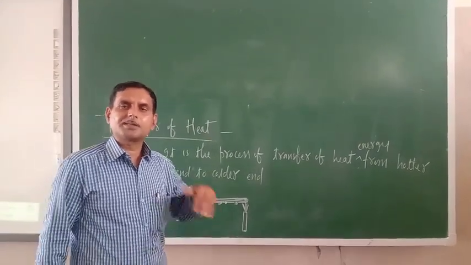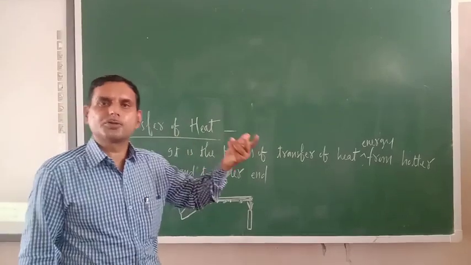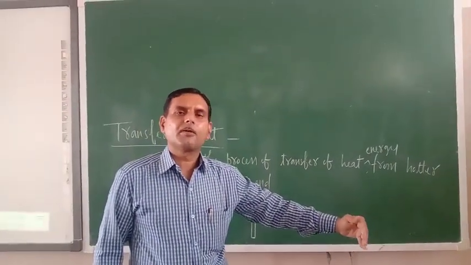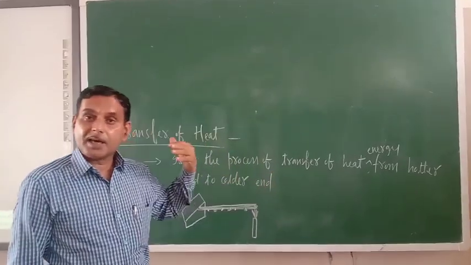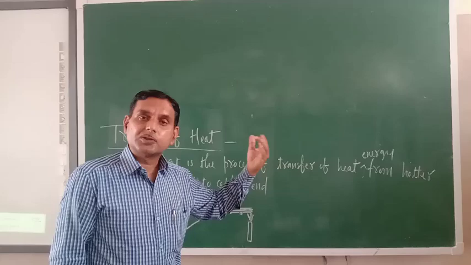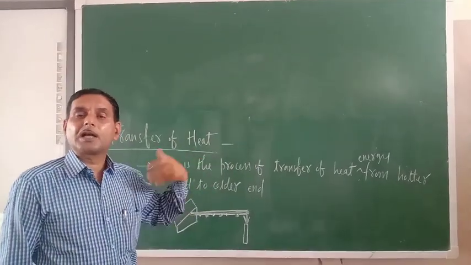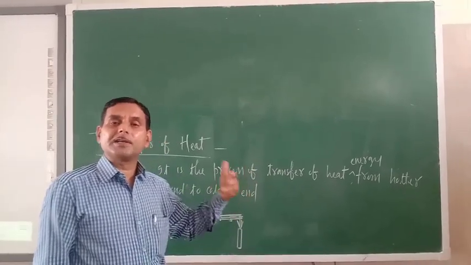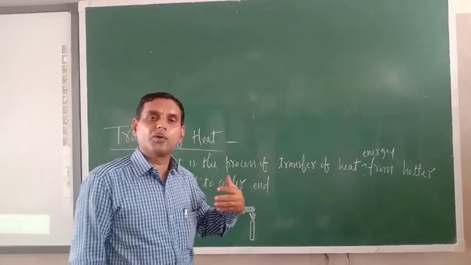Am I correct or not? Similarly, suppose you have taken a pair of tongs. One end only will be in contact with the flame, but the other end, which is not in direct contact with heat, slowly and slowly will also become hot. So what is the meaning of this? Heat always flows from hotter end to colder end.